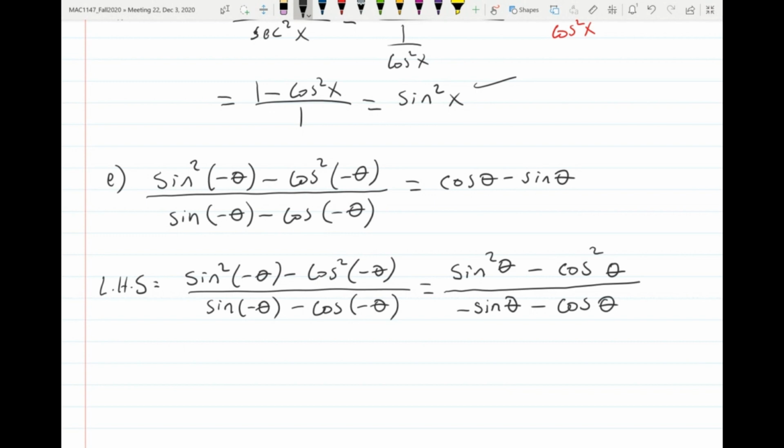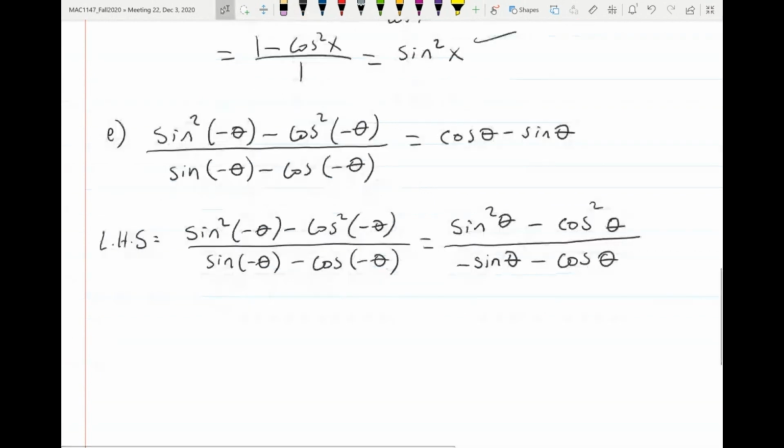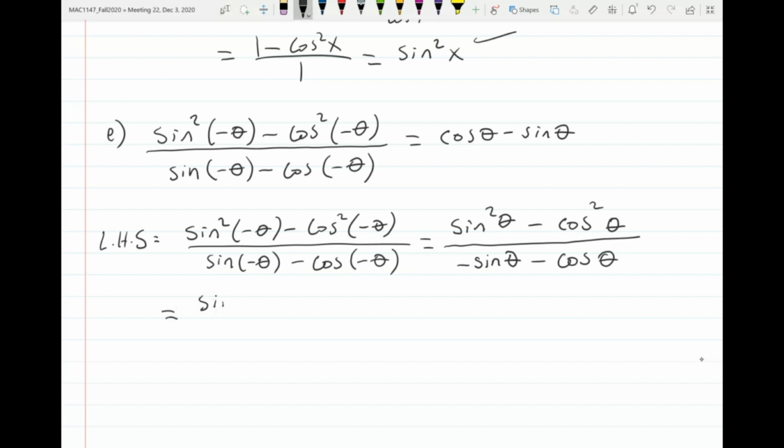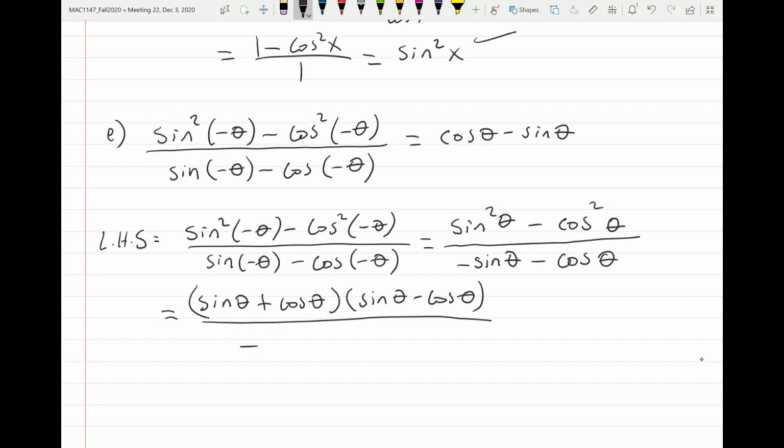So next, when we look at the top, we see there's a difference of squares, so we can factor, right? So it becomes sine plus cosine times sine minus cosine. And then in the bottom, notice that we can factor out a negative. So it becomes sine plus cosine. And now it's kind of clear what to do.